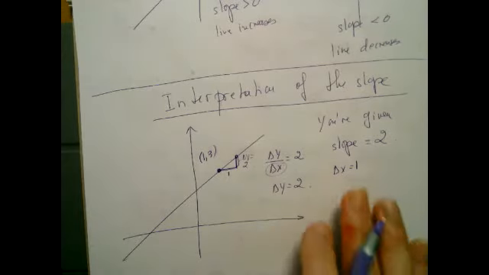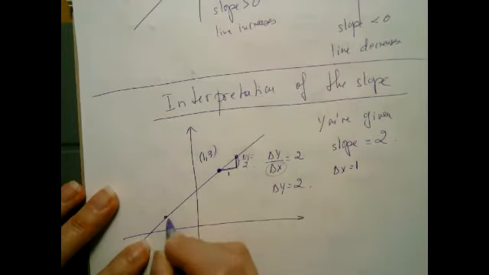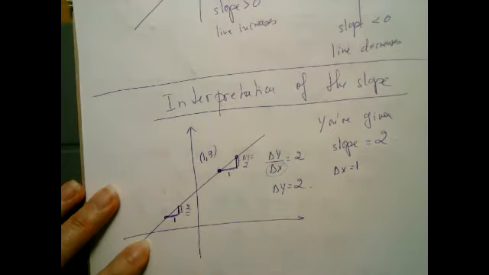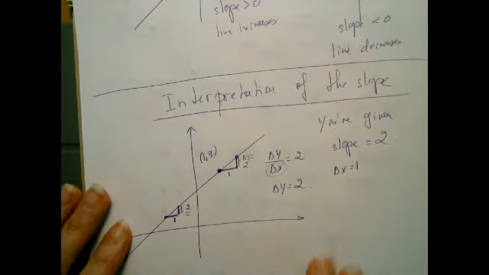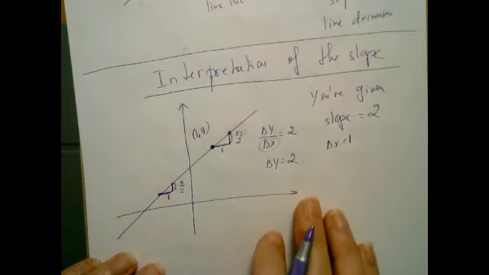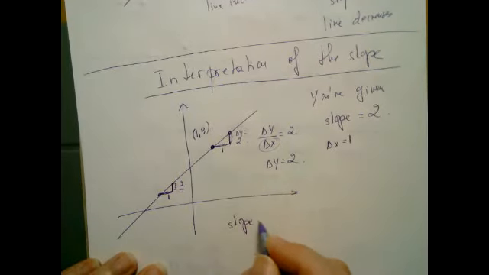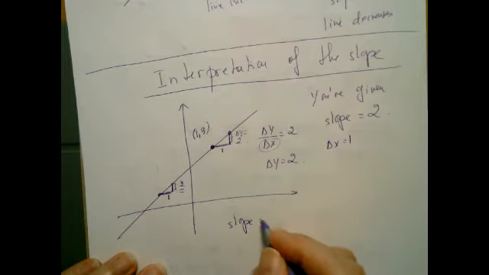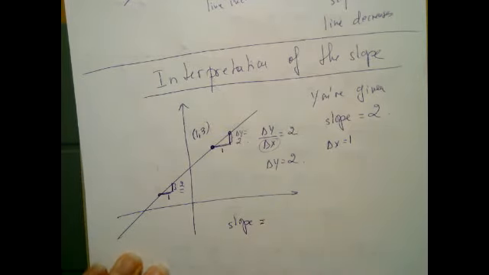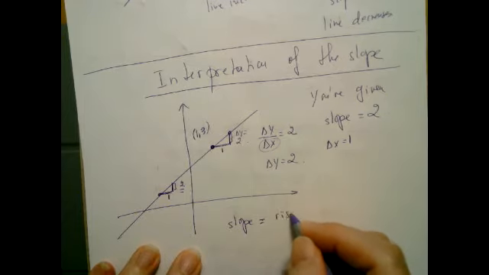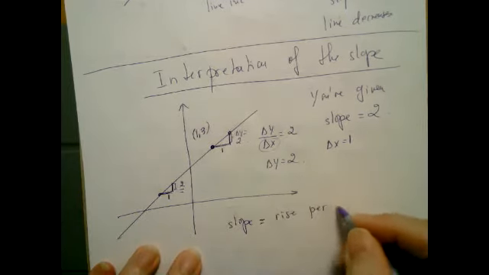And this is everywhere. If I take any point here, I move by 1 unit, I go up by 2 units, which is the slope. So this gives us a nice interpretation of the slope. I know it's rise over run, but a nice interpretation that makes it very easy to understand is that it is the rise per unit of run.